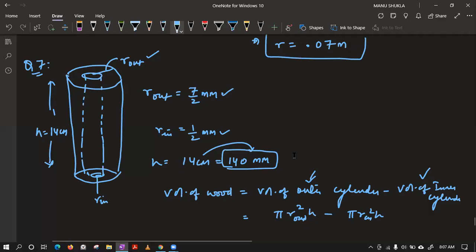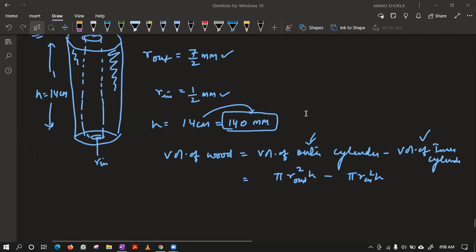So first we need to find the volume of wood. We can see this outer portion is the wood portion. So actually it is like a hollow cylinder that we have to find the volume of, and we all know to find the volume of a hollow cylinder, we have to find the volume of the outer cylinder minus the volume of the inner cylinder. Let's put the values.